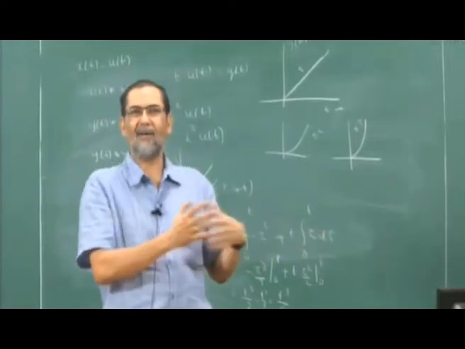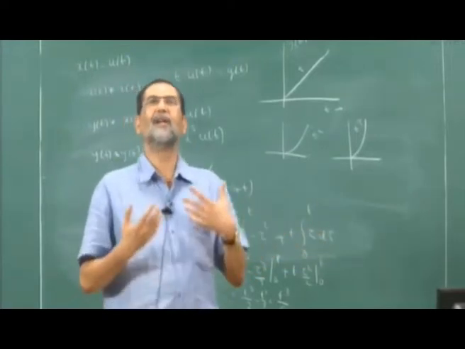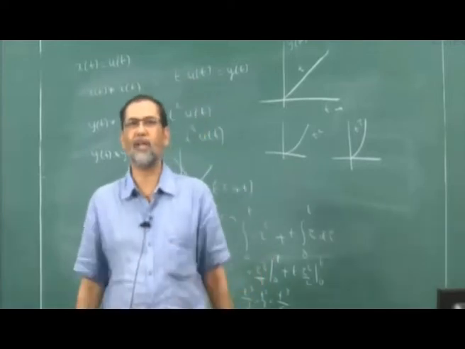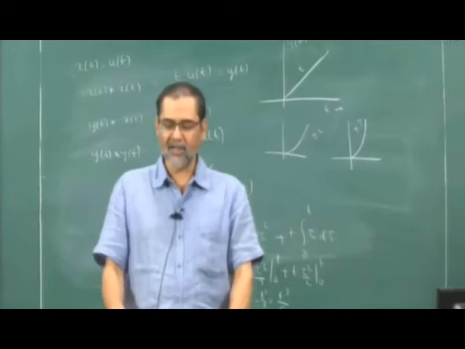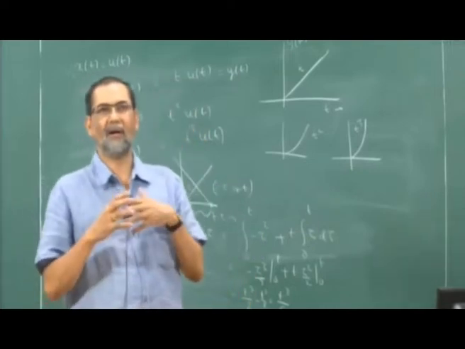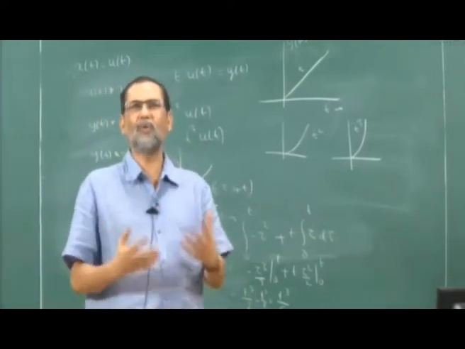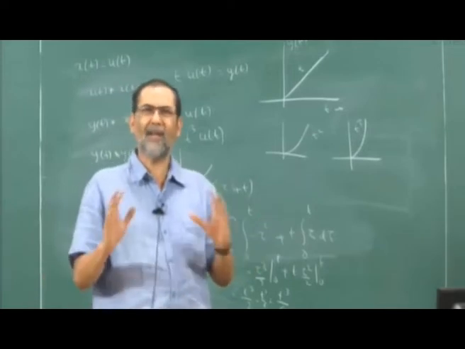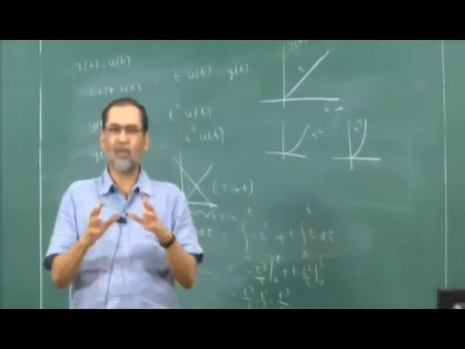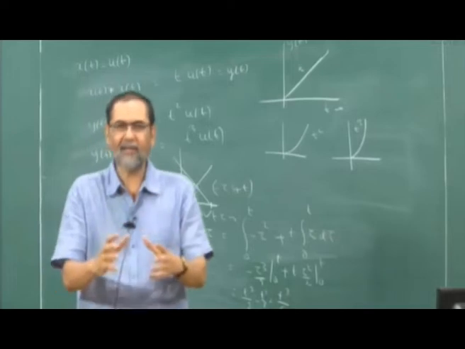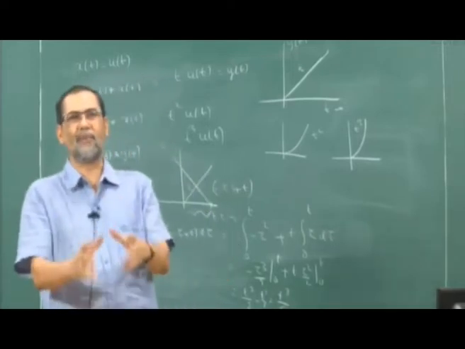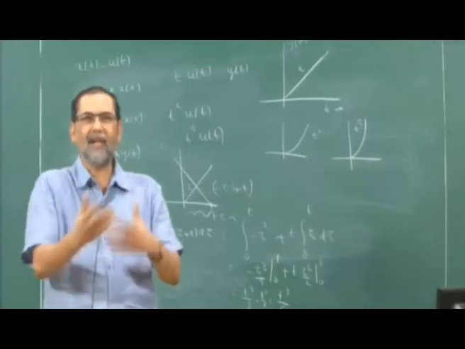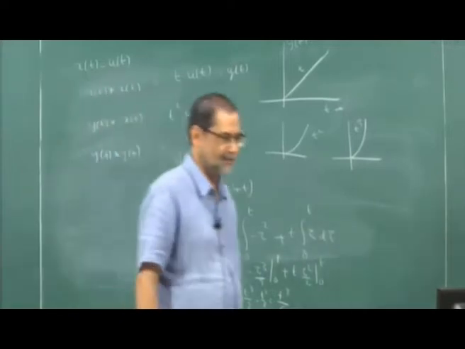We are not mathematicians trying to work with u of t or delta of t and so on. So to that extent I'll urge you not to speculate too much about all these things. It's good to know that we have defined them to make our life easier, but please don't make your life more complex by getting caught up with these ideas.